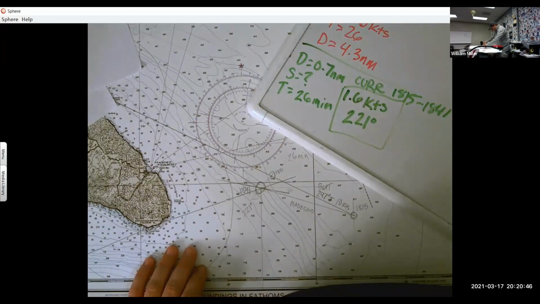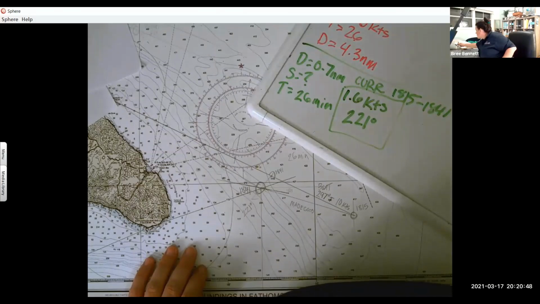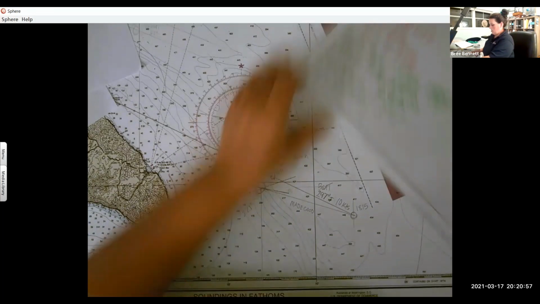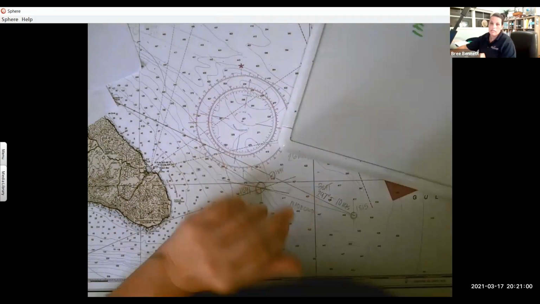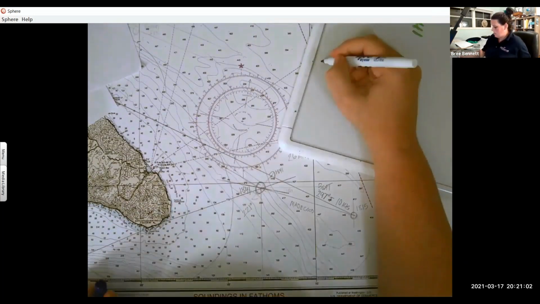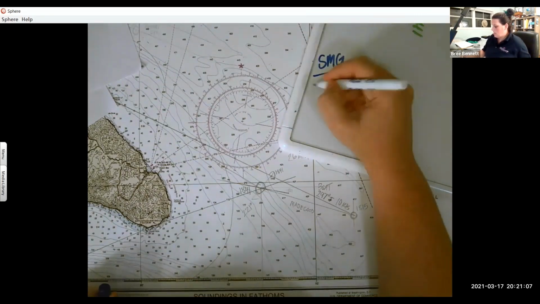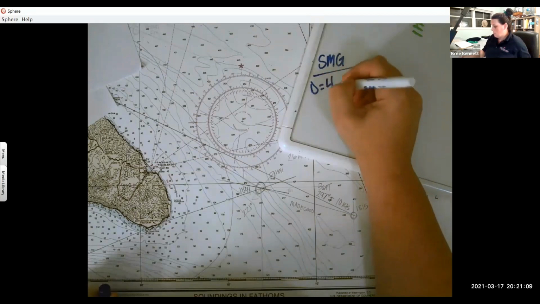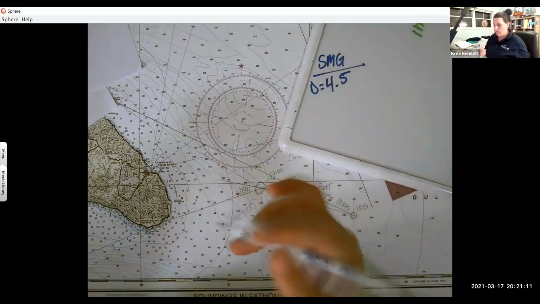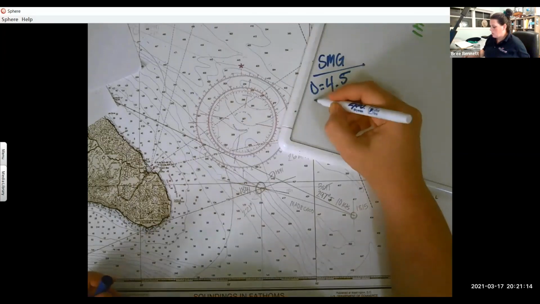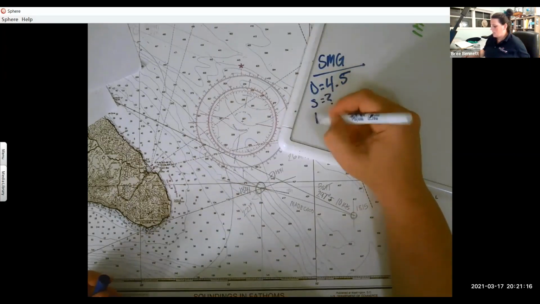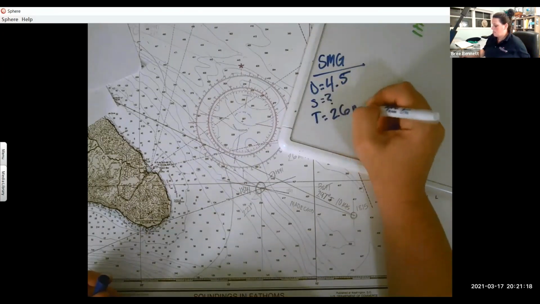One, two, three, four. Here. So my speed made good. I have a distance of about 4.5, 4.55 maybe. I'm looking for my speed. My time was 26 minutes.